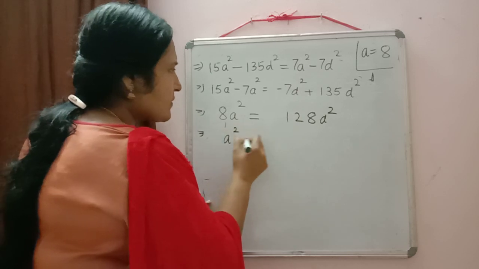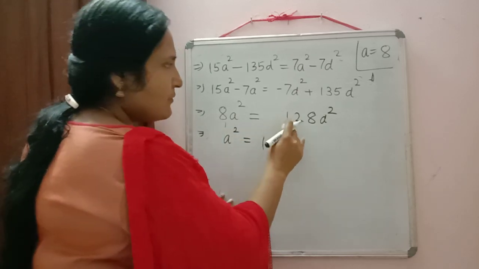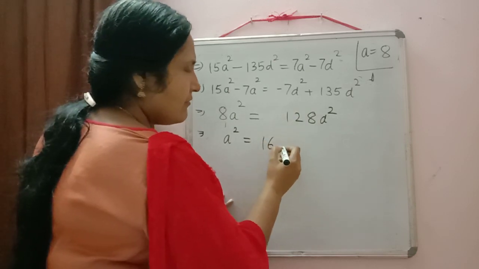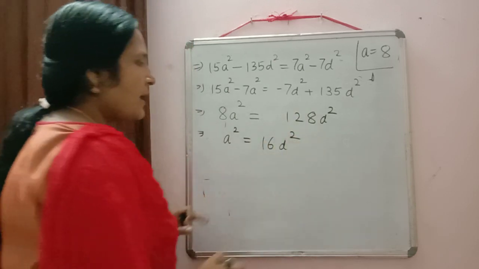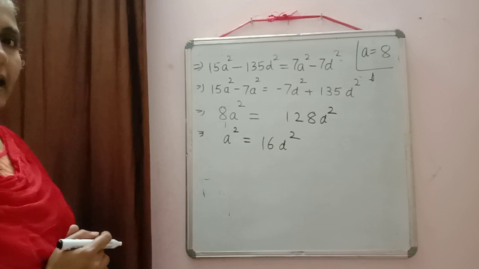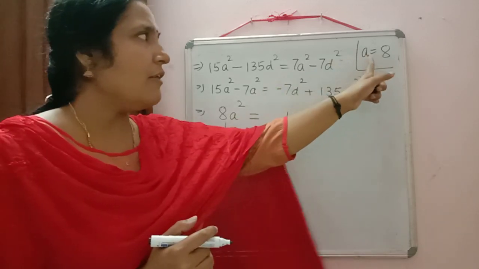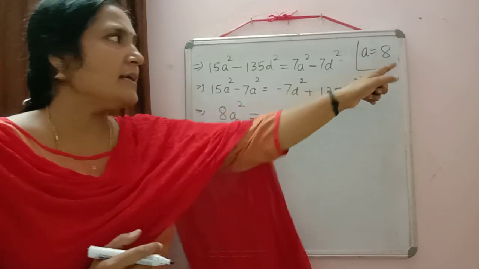So we will get A square is equal to 8 ones are 8, 12 minus 8, 4. So 8 6 are 48. So we are getting A square is equal to 16D square. Now what we will do? We will substitute the value of A. Our value of A is 8.